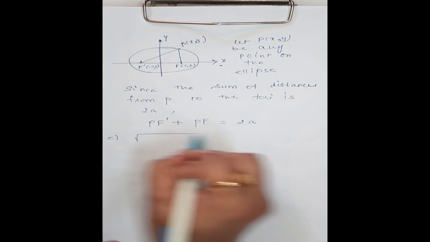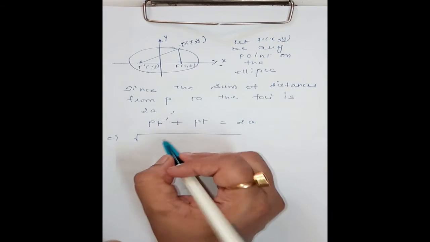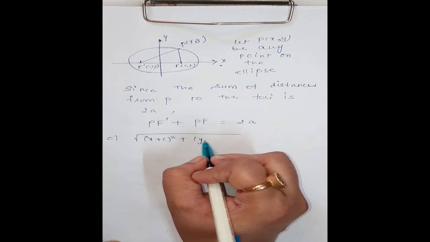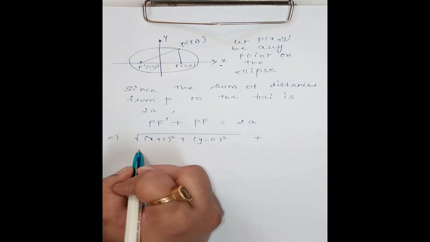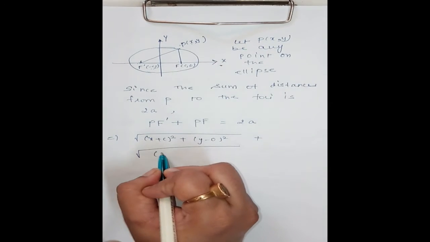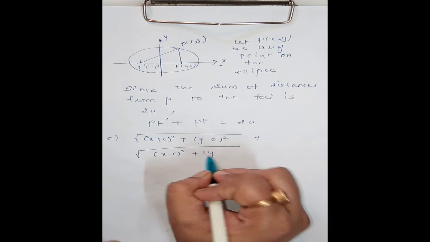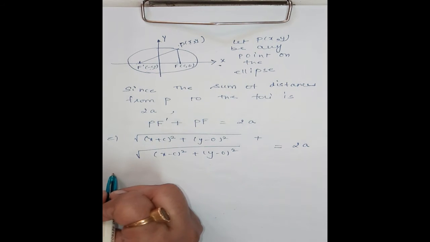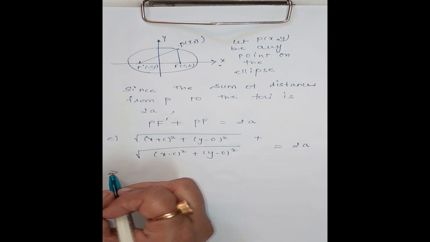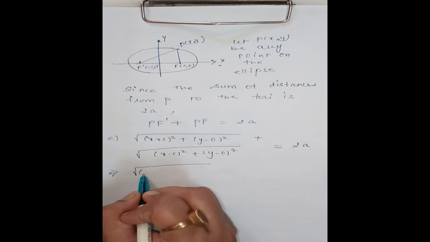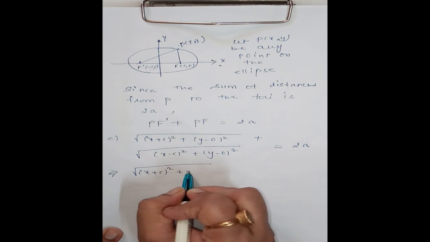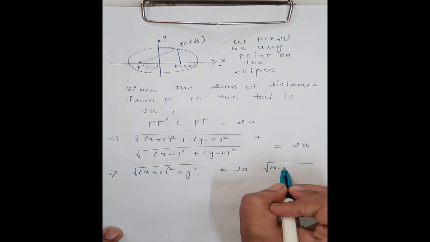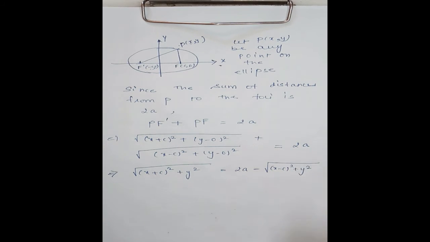That is, PF dash will be square root of (x plus c) whole square plus (y minus 0) square, plus PF, which will be square root of (x minus c) whole square plus (y minus 0) whole square. This is equal to 2a. Clear? Now this implies square root of (x plus c) whole square plus y square is equal to 2a minus square root of (x minus c) whole square plus y square.